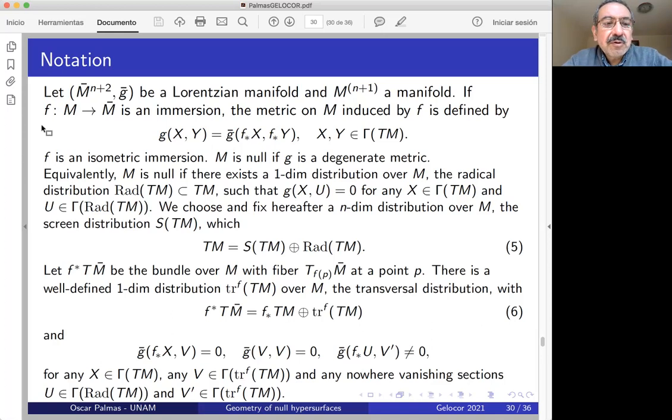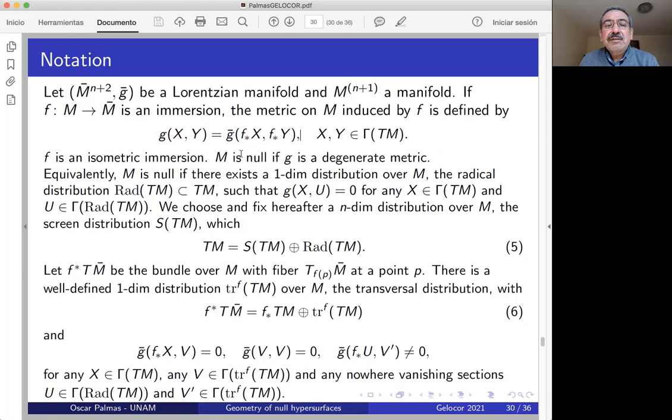Let us first suppose that M bar is a Lorentzian manifold and M is some differentiable manifold, and give F an immersion. As is well known, we may induce a metric on M in this way, and we say that in this case, F is an isometric immersion.